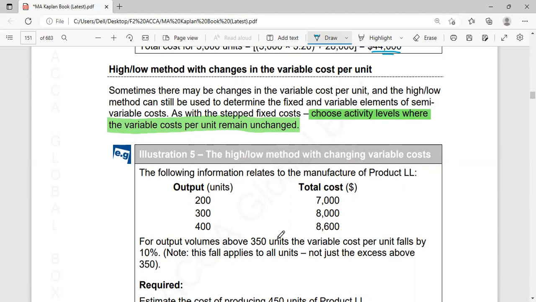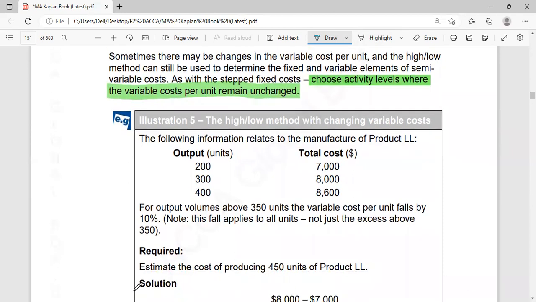So let's do it with an example. Now please read the example. The following information relates to the manufacture of product LL. Output 200 units, the cost for 200 is 7,000; 300 units, the cost for 300 is 8,000; and for 400 units, the cost is 8,600.